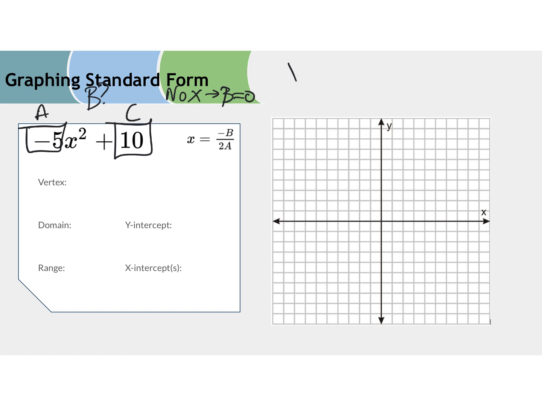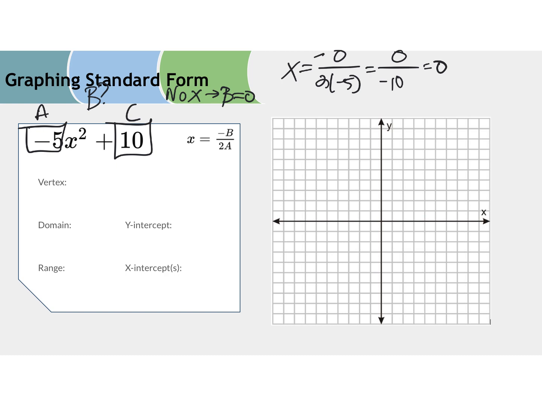So when I find my x, I get x equals negative 0 divided by 2 times negative 5. Well, positive and negative 0 are the same thing, so I'm going to change that to positive 0. 2 times negative 5 is negative 10. So my x-coordinate is 0.